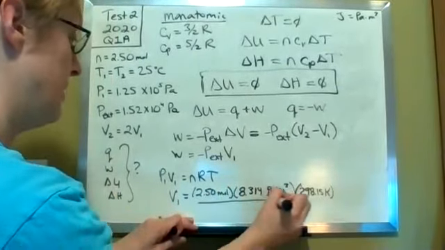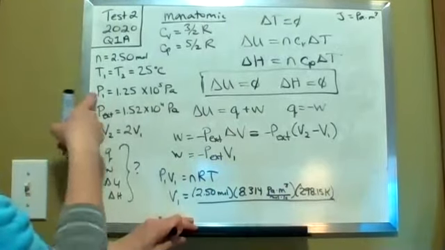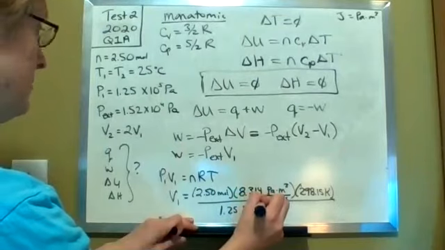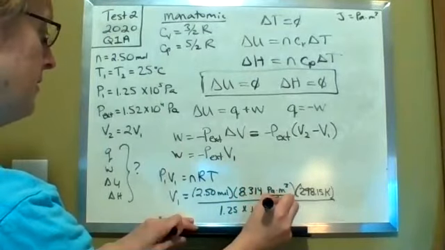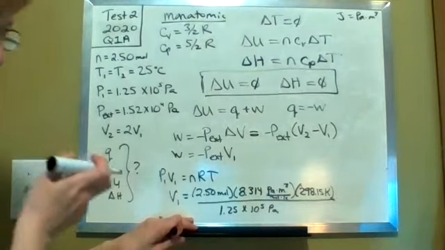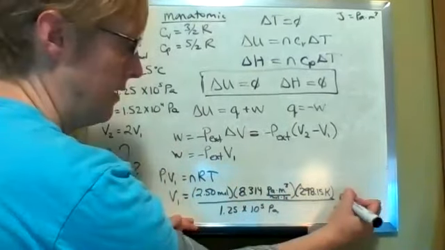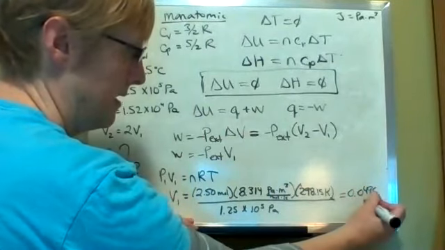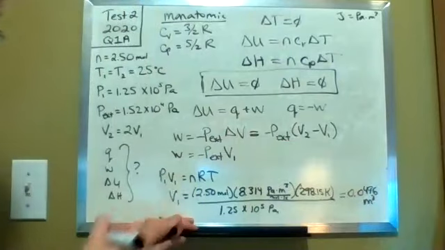And all of that over our P1 in pascals, 10 to the 5 pascals. So when you work this out, you're going to get a value for V1 of 0.0496 meters cubed.